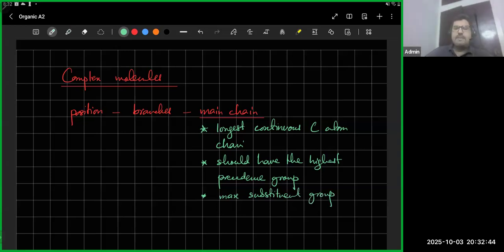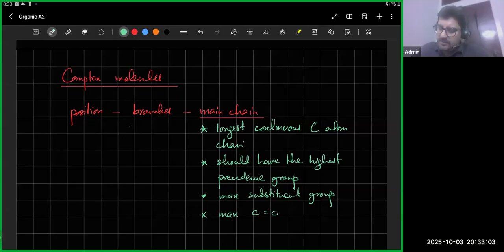The main functional group should be in it, and plus the groups should be attached to it as much as possible. It should have the maximum double bonds, etc. That's the main chain. The rest would all be branches.